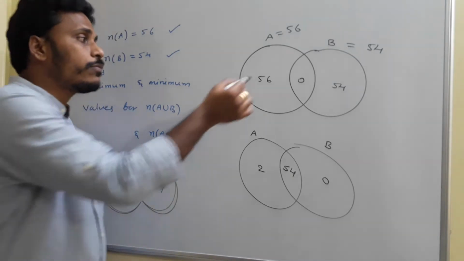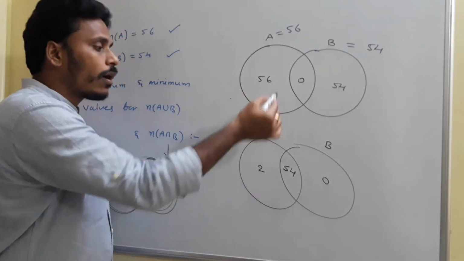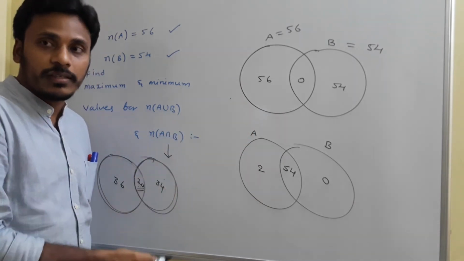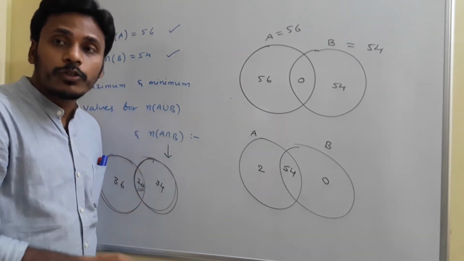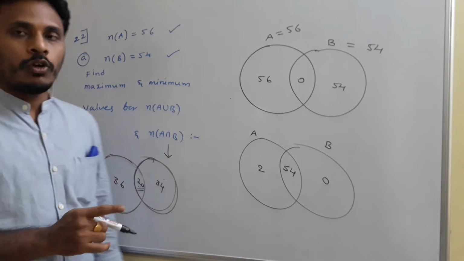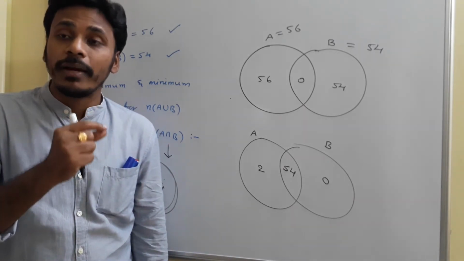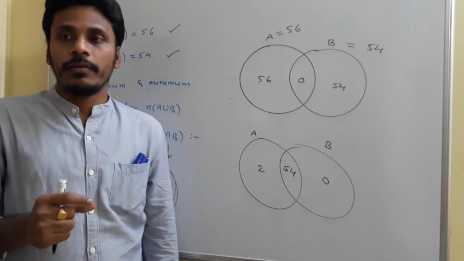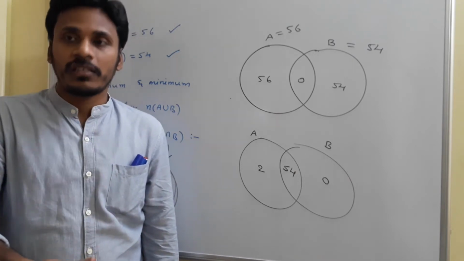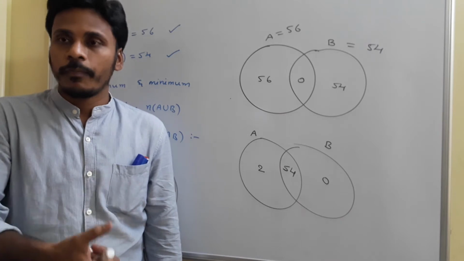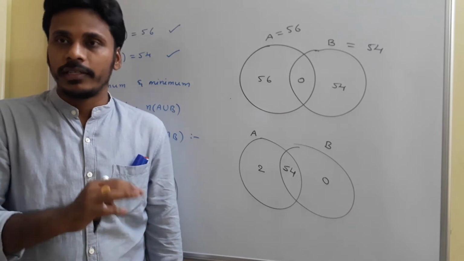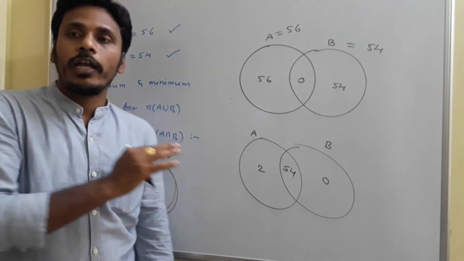Starting from 0 to 54, all are possible values for A intersection B. Among all those values, the minimum possible value is 0, because negatives we can't take. That 0 indicates the number of elements common to A and B, the number of elements in A intersection B, so it must start from a counting number like 0. So the minimum possible value is 0.